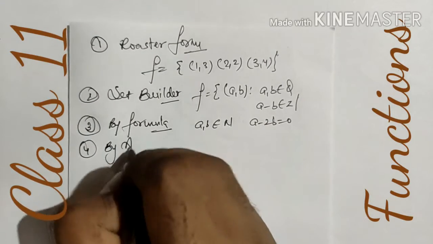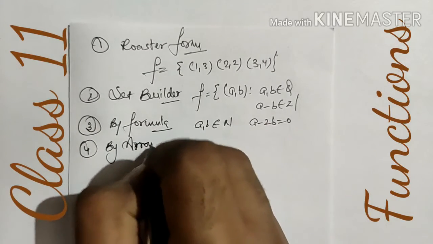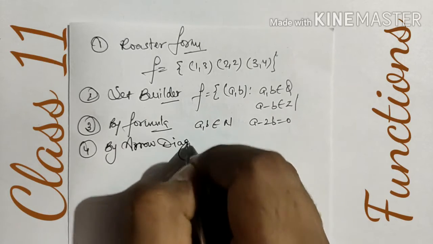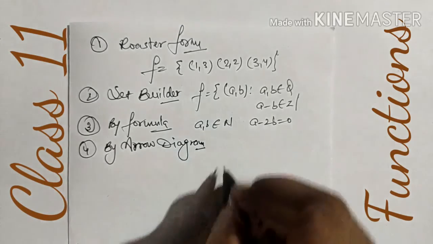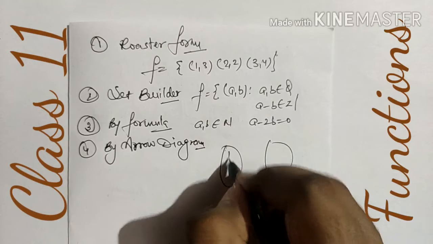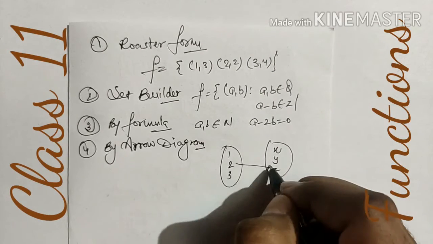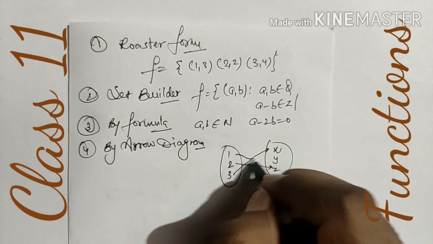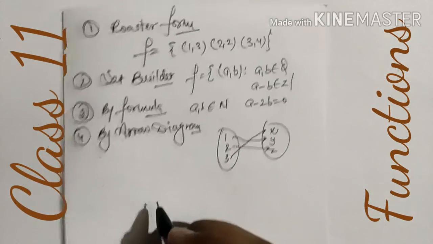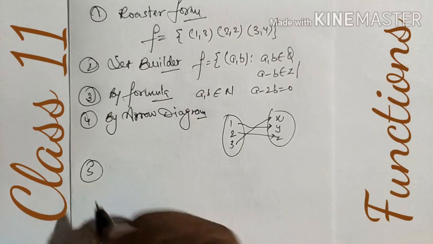Next type, by arrow diagram, means graphical method we can say also, in which we use two circles, one on the left hand side for the domain set and on the right hand side the codomain set, and we show their linked elements with each other.